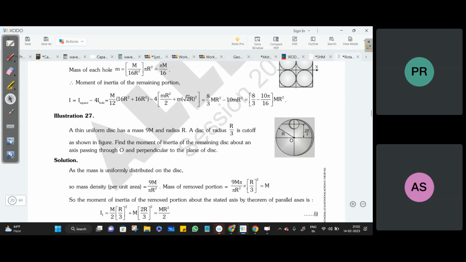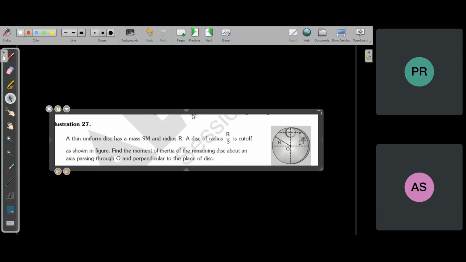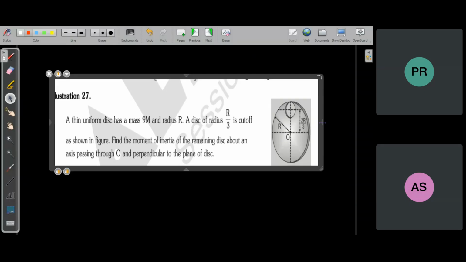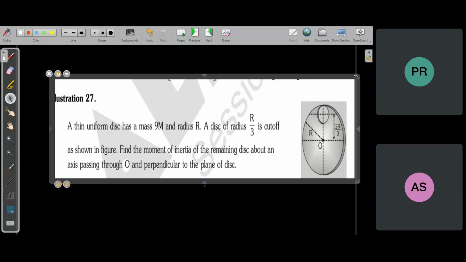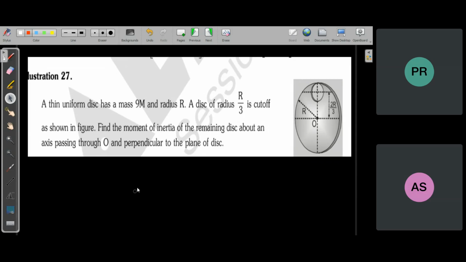Now, this type of question has also been asked many times. Here, there is a cut. Some part has been cut and removed from the body. So what is the moment of inertia of the remaining part? You can find it about the axis passing through here, O; they can ask about any point.